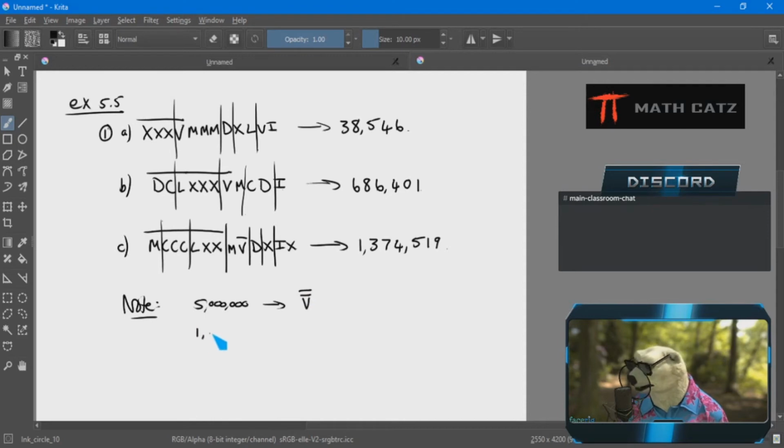But in the case of 1 million, whoops, I'm running out of zeros here. If I don't do it with the M way, it's going to have to be 1,000 with 2 lines, and that's not allowed. It's because of the 1 and the 2 and the 3. As soon as I go to 5, I have a new symbol, and that's allowed under the line. It's that crossover in the low ones of anything, be it 1,000, be it 1 million, and so on. That's not allowed.